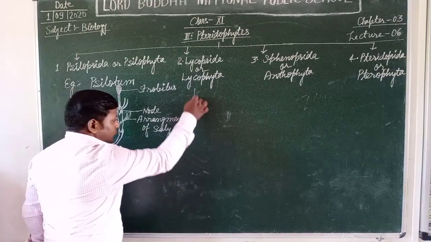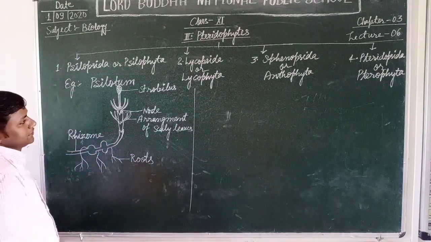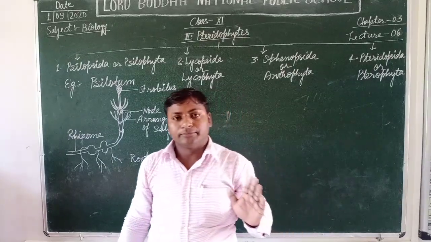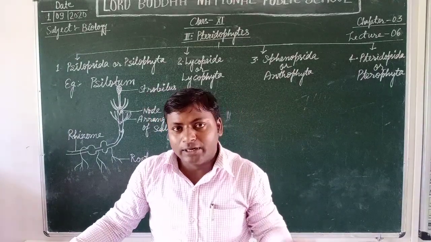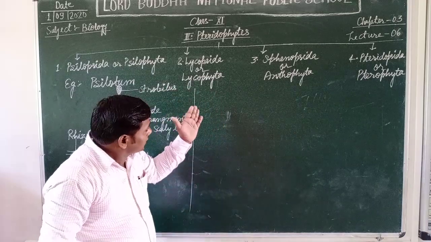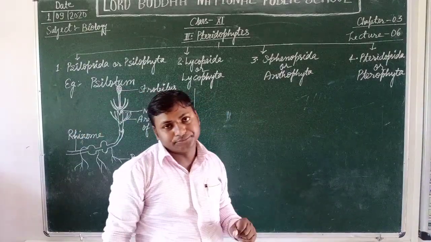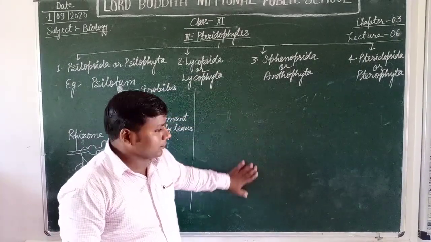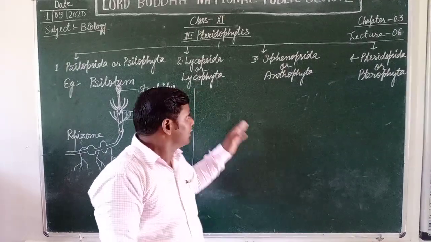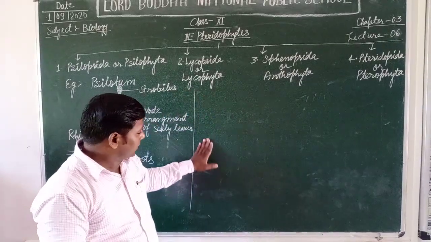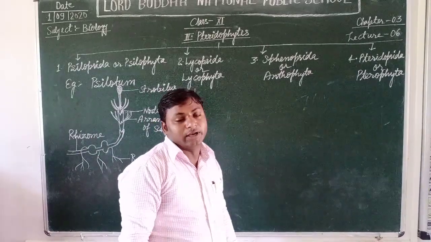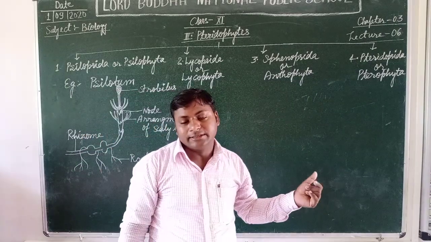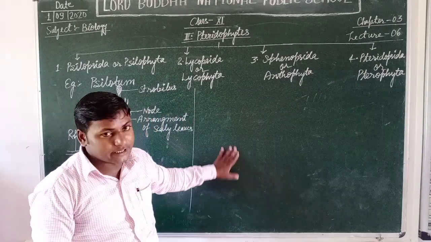Now students, we are going to discuss the Lycopsida. Lycopsida are the first members of pteridophytes that have well defined stem, leaves and roots. The vascular system of the Lycopsida bears well developed and well arranged xylem and phloem tissues in their cortical region because it bears stems.